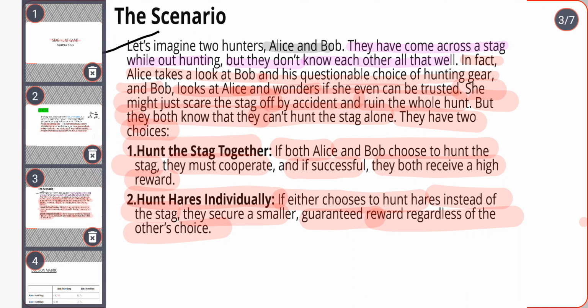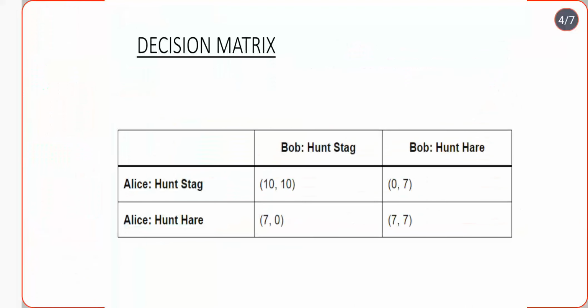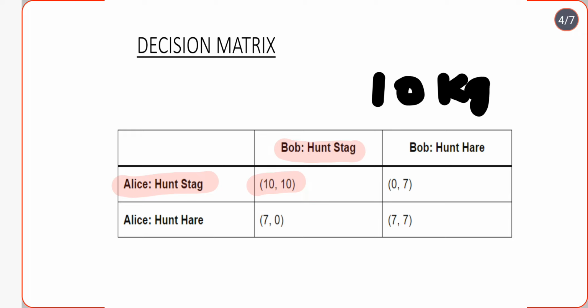Now, if we represent it by a matrix, then this 10-10 represents that Bob is hunting the stag and Alice is hunting the stag. Together they are getting 10 and 10 as their payoff. Suppose 10 is 10 kilos of meat, so both Alice and Bob are getting 10 kilos of meat each.